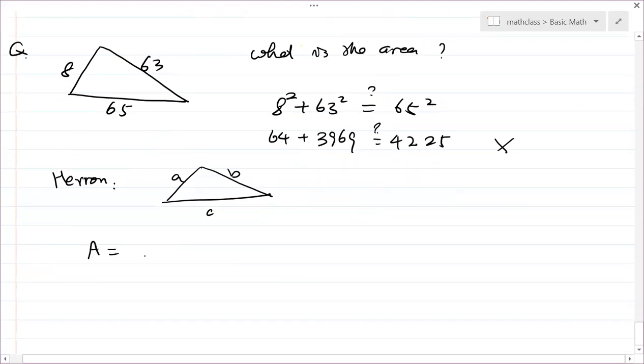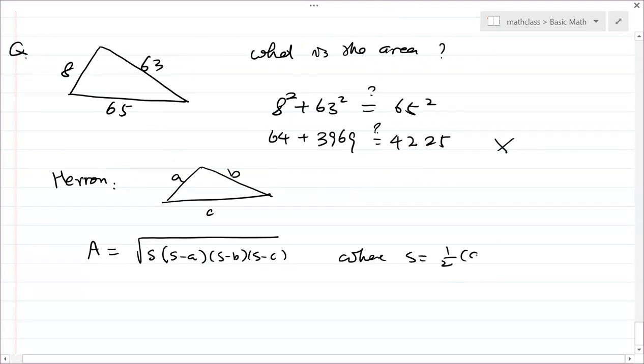He said the area is going to be the square root of S times S minus A times S minus B times S minus C, where S is half of the perimeter. So he's the first person to discover that. Then he used the 3 sides. He can always get the area as long as the 3 sides are given.